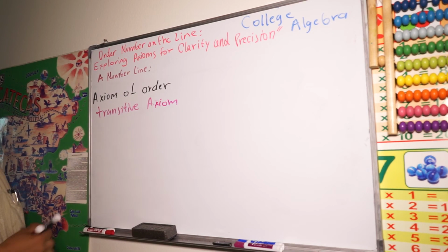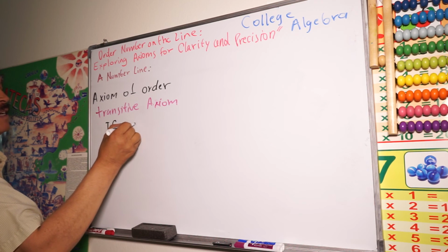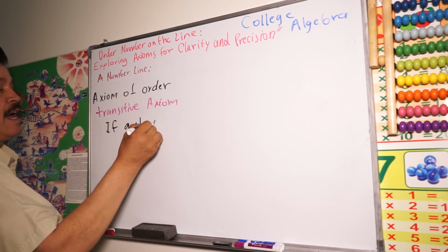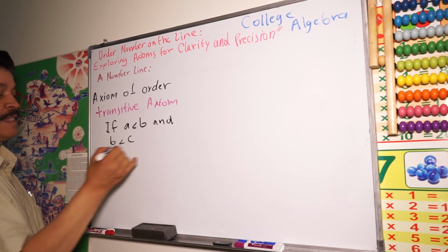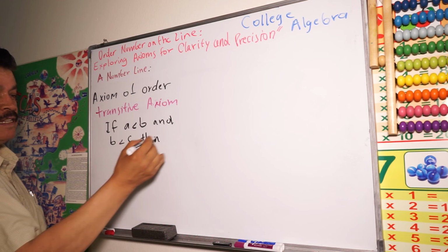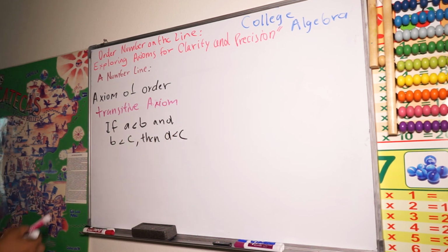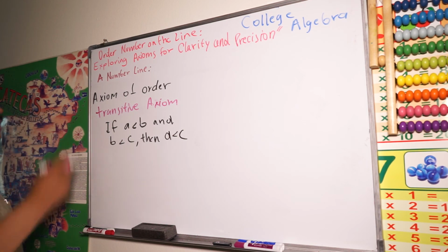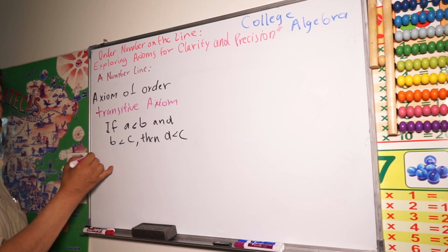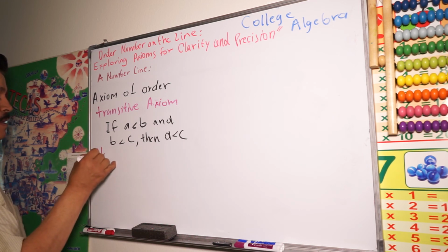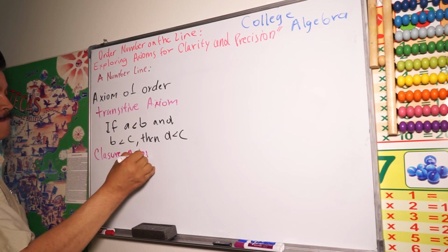What is that? For example, if A is less than B, and B is less than C, then A is less than C. All right. So we have another rule for the ordered number line that we have to keep in mind, the closure axiom.